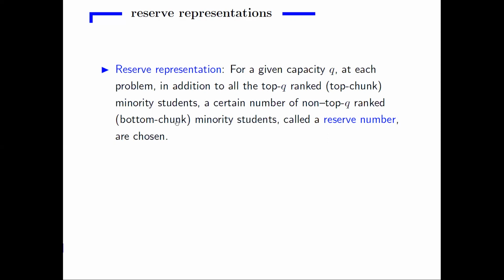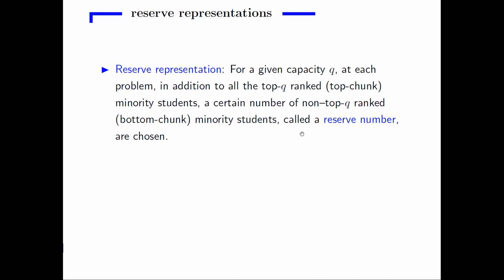Now think of the bottom chunk students, namely students who are not one of those top Q ranked students. If you are a majority in this bottom chunk, you have no chance of being chosen. Only if you are a minority student who is one of these non-top Q ranked students, bottom chunk students, then you have a chance of being chosen.